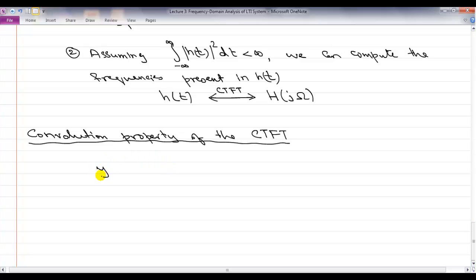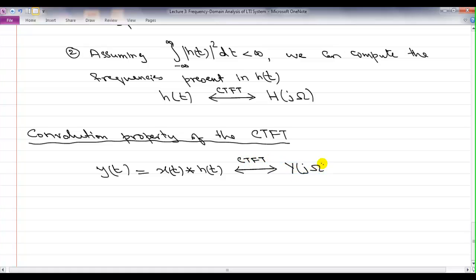We'll just remind ourselves that if I have a signal which is given by the convolution of two signals, then the Fourier transform of that output, y of j omega, is equal to the multiplication of their respective Fourier transforms.